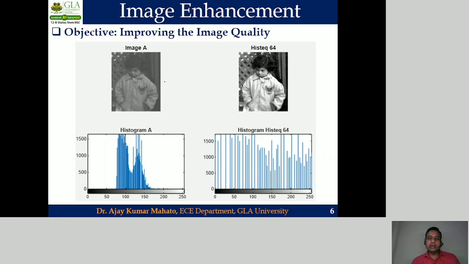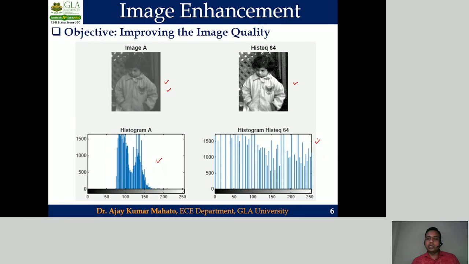This is my input image A and this is its histogram. By looking at the histogram of the input image A, we can easily say it's a low dynamic range histogram. So it's a low quality image, and in order to improve the quality of image A, we have performed histogram equalization on it, and this is its corresponding output histogram.